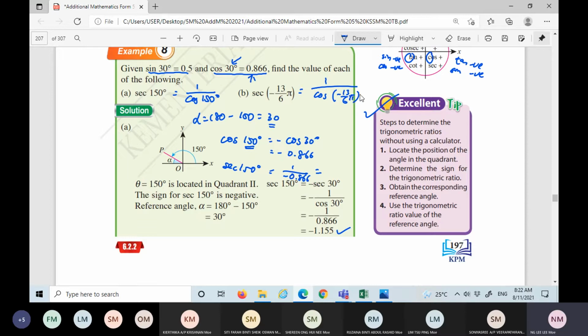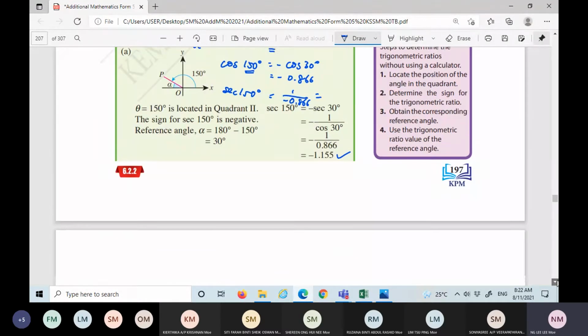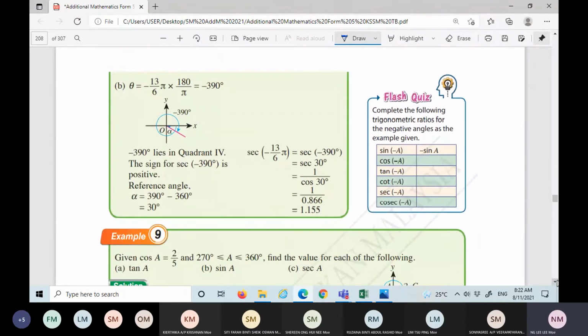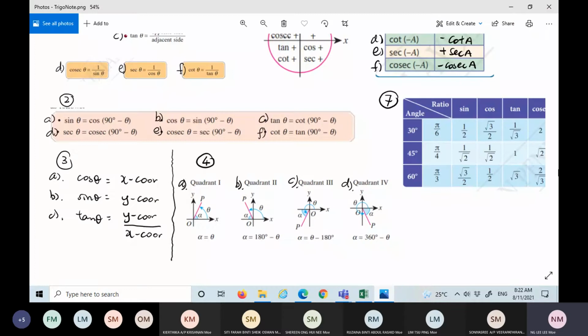Next, I thought you have learned this. One more thing I want you to know. For these questions, we go to the next page. This one I want you to copy in your notes. Referring back to my notes, the quadrant one reference angle, the alpha, is my notes number 4.